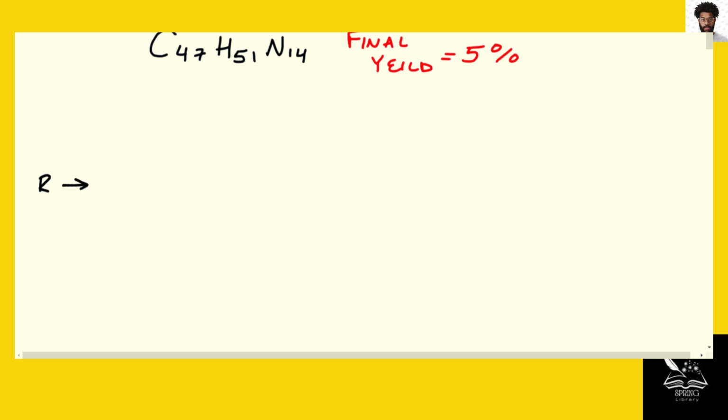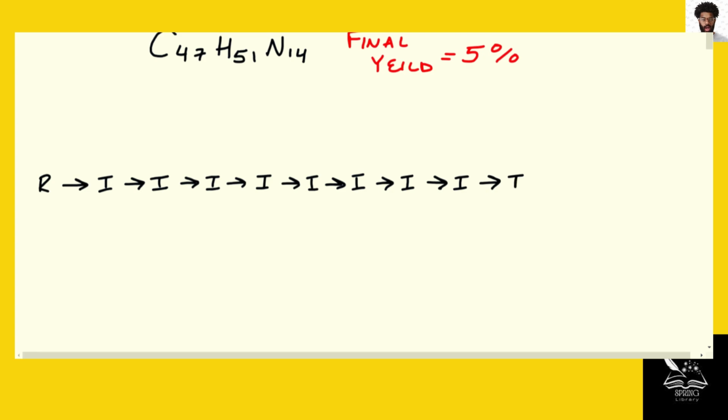We have 1 step with an intermediate, 2 steps with an intermediate, 3, 4, 5, 6, 7, 8, 9, 10, and 11 to generate our product. It's a pretty complicated reaction here.